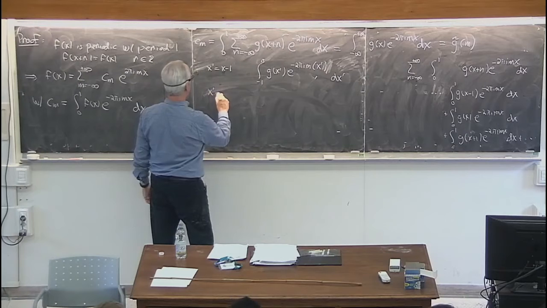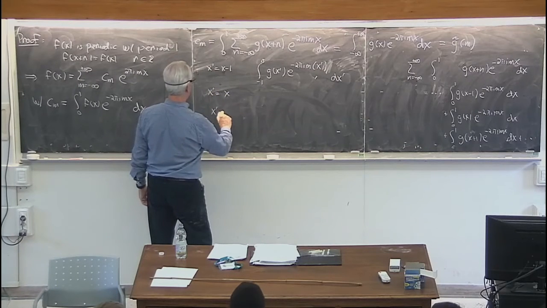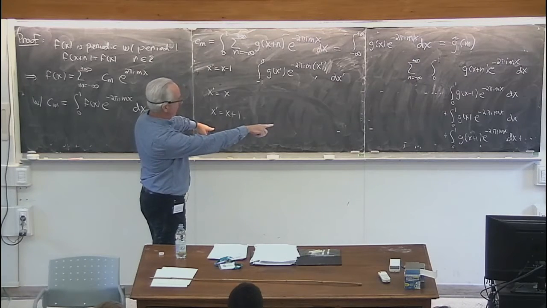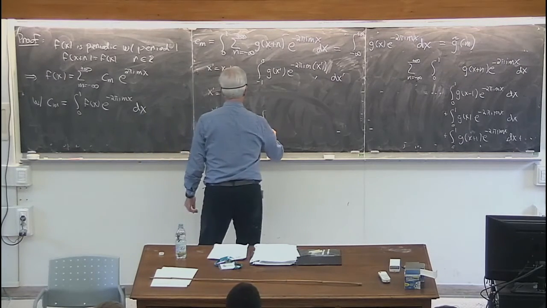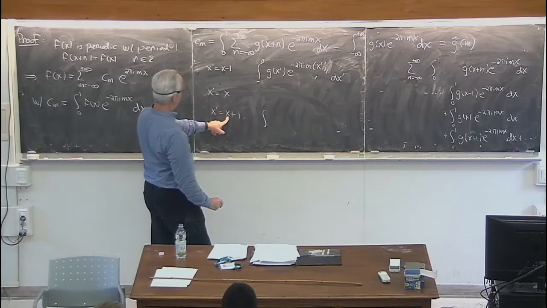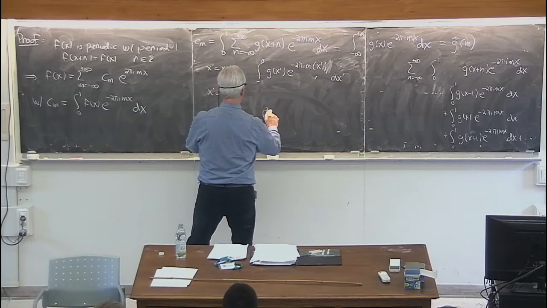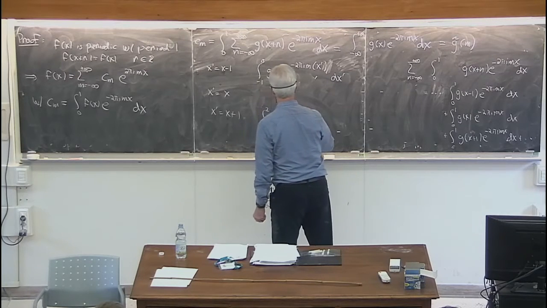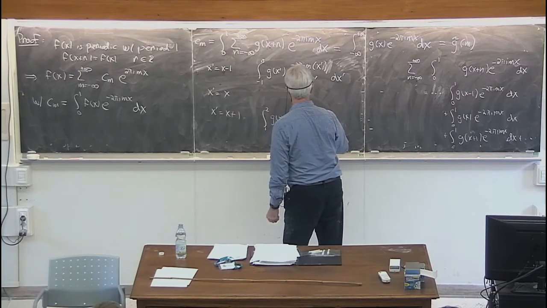For the other term, I can just let x prime equal x. For the last term I let x prime equal x plus 1, which gives me an integral where x went from 0 to 1, so x prime goes from 1 to 2. And then I have g of x prime e to the minus 2 pi i m x prime.